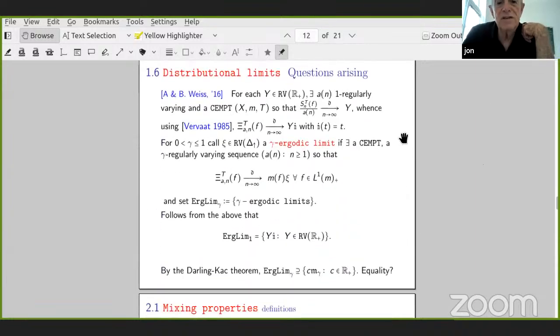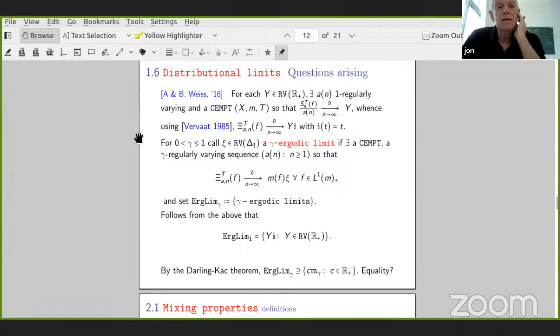Okay, so here are some questions arising. What are the ergodic limits? What limits do you get? For each y, which is a random variable, you can find a_n, which is regularly varying, and a conservative ergodic measure preserving transformation, so that S_n(T) of f divided by a_n should tend to y, of course, times the integral.